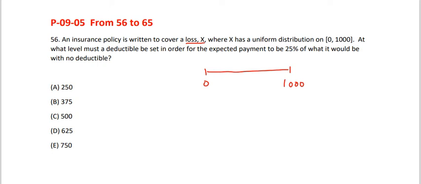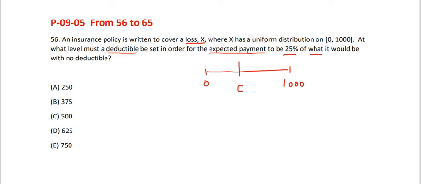We want to determine the deductible, where we should set the deductible such that the expected payment will be 25% of what it would be with no deductible.